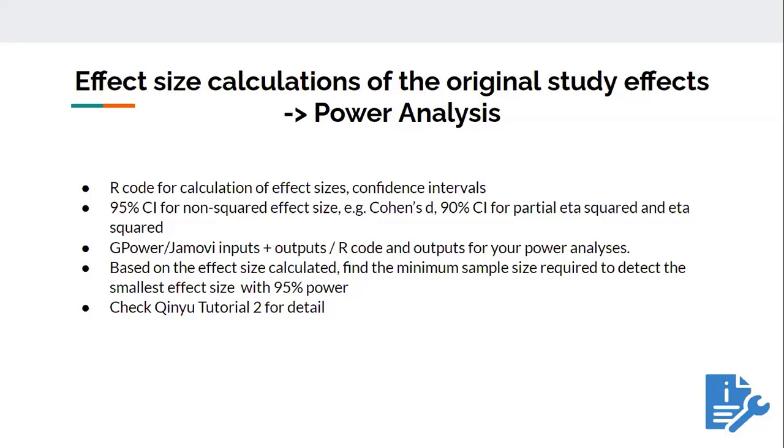As I mentioned, some original articles do not report the effect size. And the effect size calculations of the original study are very important for power analysis, to determine the sample size required. You will need to include our code for the calculation of effect size and confidence intervals. There are many packages available for calculations.